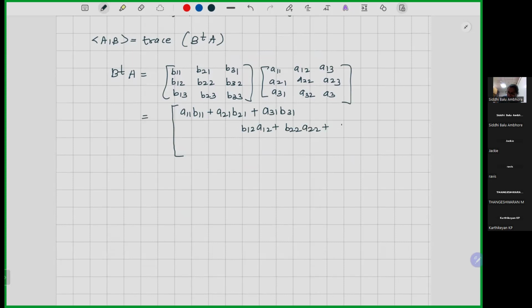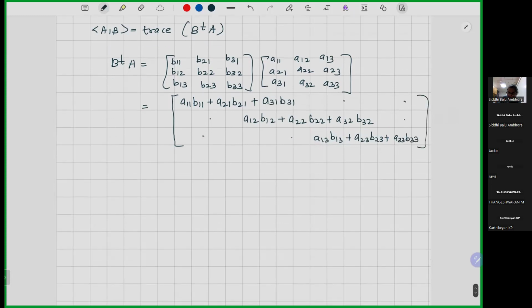Let me be consistent about the position of the Aij and Bij. Then the third entry is A13, B13 plus A23, B23 plus A33, B33.